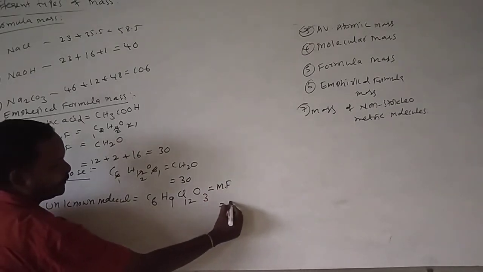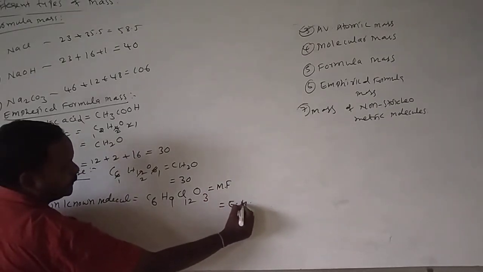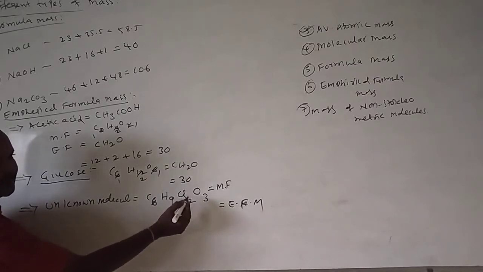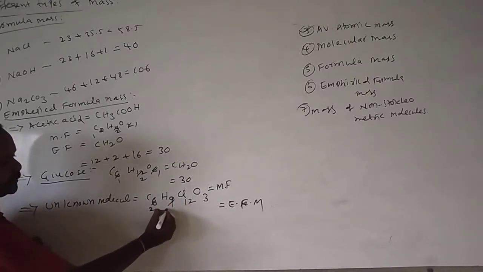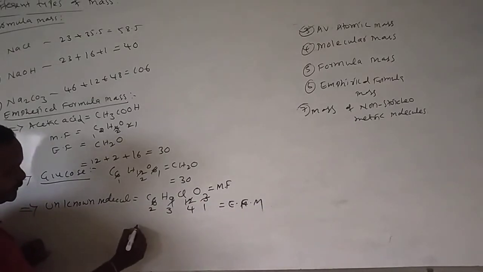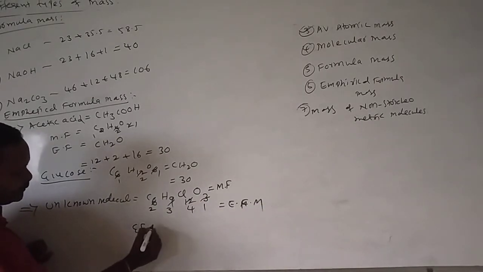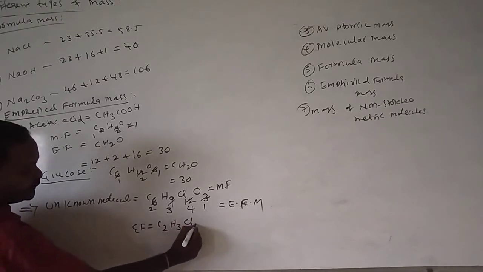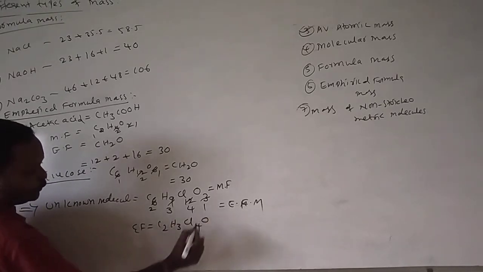What is the empirical formula mass? First, you write the empirical formula. 3 is the simplest: 3 twos are 6, 3 threes are 9, 3 fours are 12, 3 ones are 3. That means the empirical formula is C2H3Cl4O.